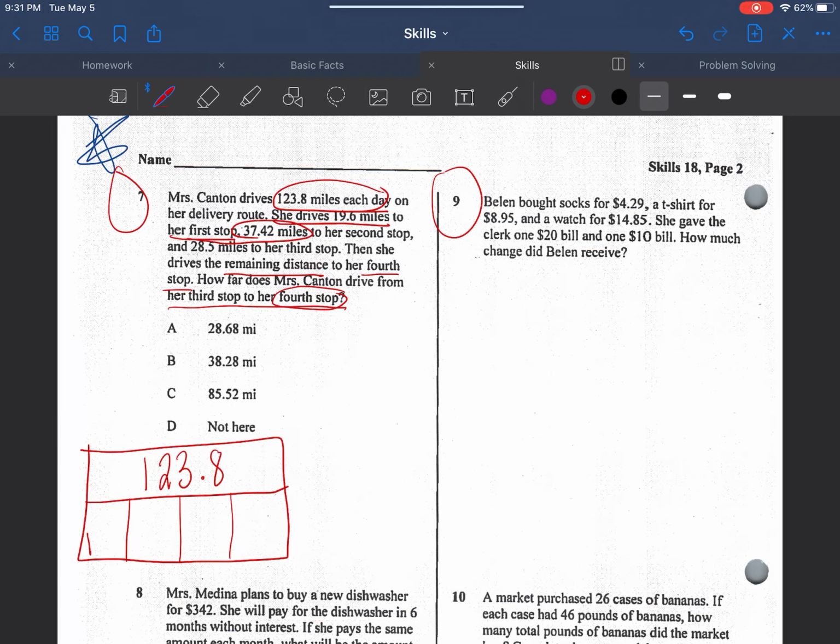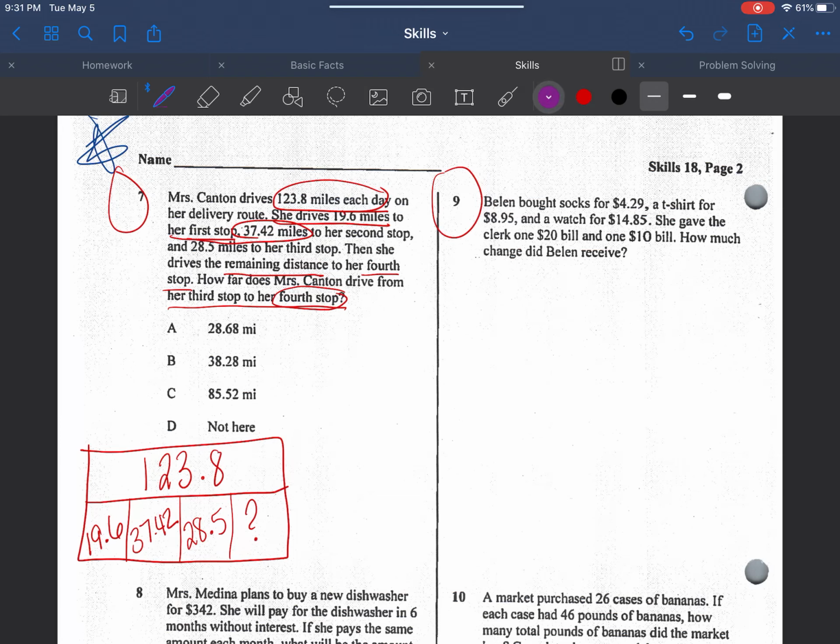So, first thing, I forgot to divide my total into 4 parts because there were 4 stops. So she drives 19.6 miles to her first stop. So the first one's 19.6. 37.42 on the second stop. And the third one is 28.5.